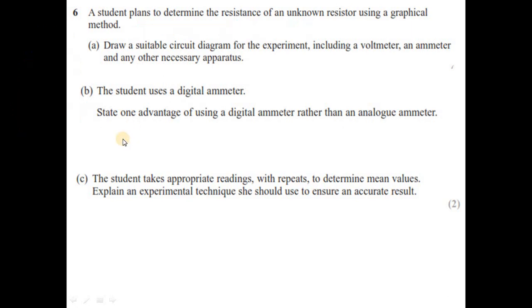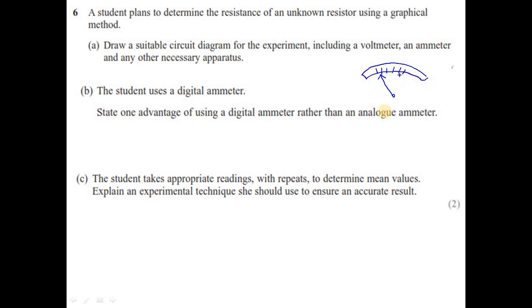Part B. The student uses a digital ammeter. State one advantage of using a digital ammeter rather than an analog ammeter. Clearly, in analog, if you have seen any analog meter, it contains a scale in which you have a needle that moves left or right, and we read the reading from the analog meter.